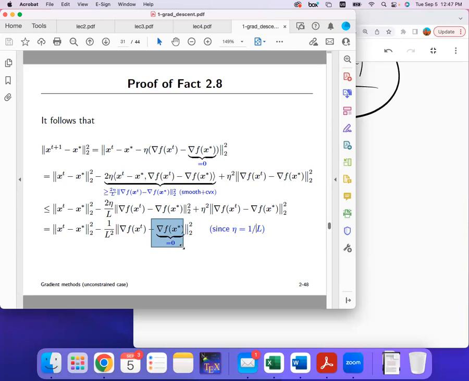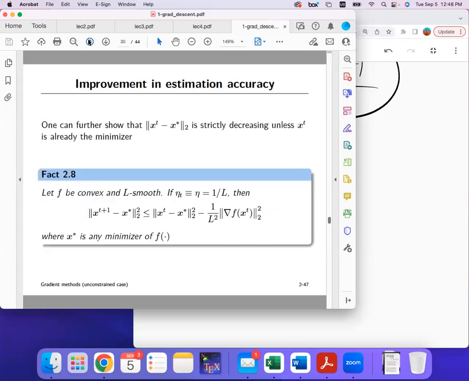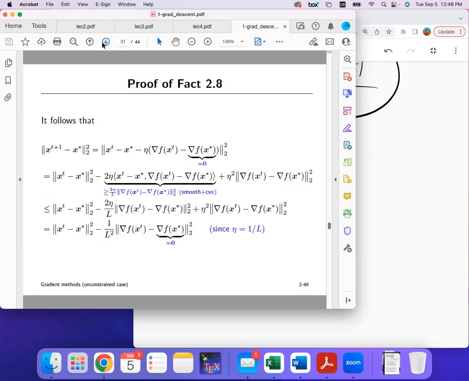The distance at t plus 1, see, there's one inequality along the way, so overall it's less than or equal to the distance at time t minus this term. So this proves this result. And we need both convexity and smoothness, because when we proved this bound in the last lecture, we utilized convexity and smoothness.